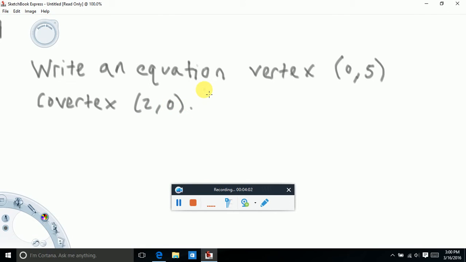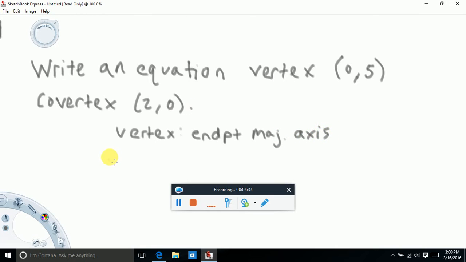Now what do we mean by vertex? So the vertex are the endpoints of the major axis. Okay? The vertex are the endpoints of the major axis. And I'm going to abbreviate that for endpoint major axis.